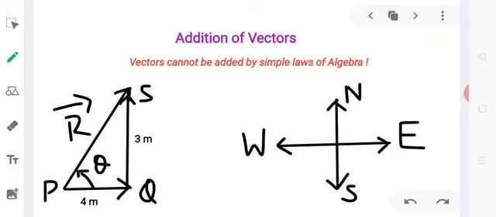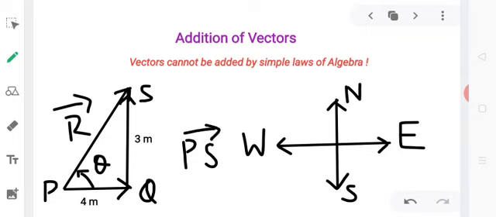In order to find out the final displacement of the particle, we have to draw a straight line from P, that is the starting point, to the end point S. The displacement will be PS, and since it's a vector, we have to use proper notation.